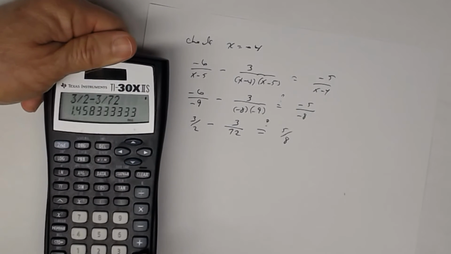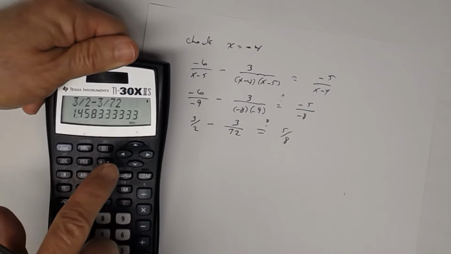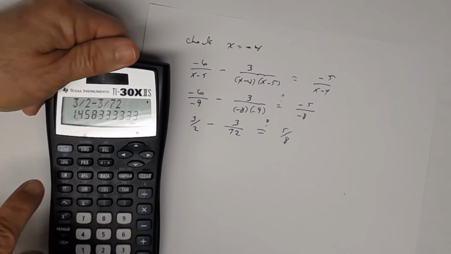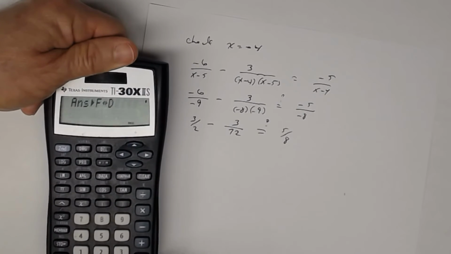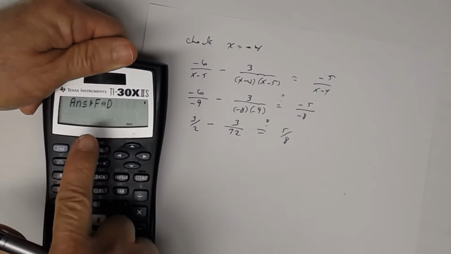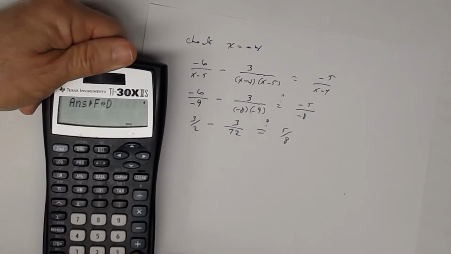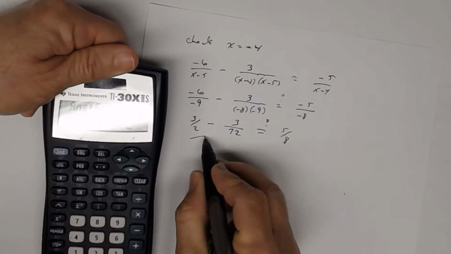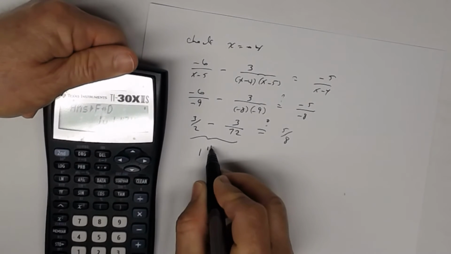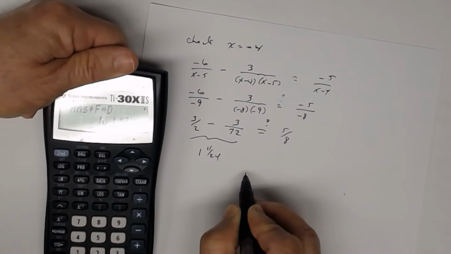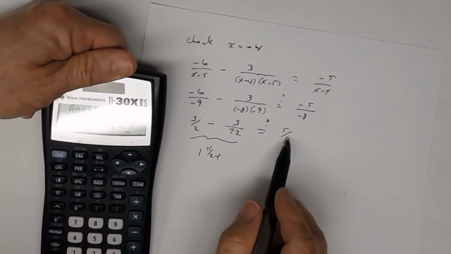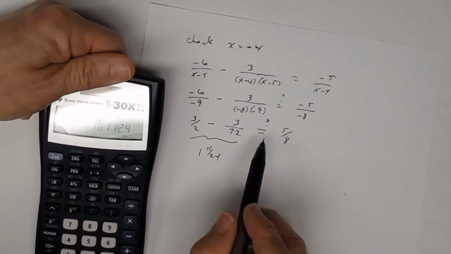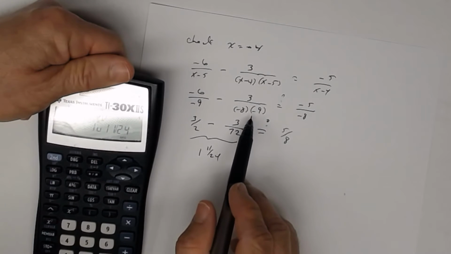All right, so you get this. So remember, you got to learn how to use your calculator to convert this to a fraction. So I'm going to go second PRB equal. So you see you have fraction to decimal, decimal to fraction. And so I get 1 and 11/24. So this right here is 1 and 11/24. Okay? And so this here is 5/8. So I made a mistake somewhere. Let's see where that mistake is.